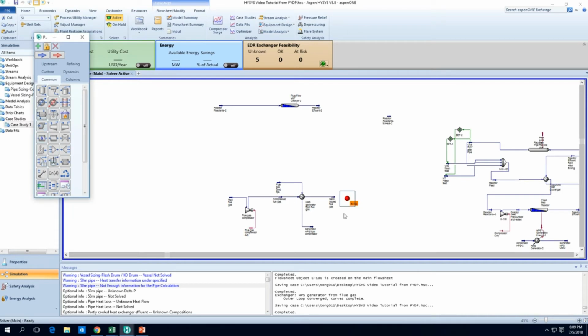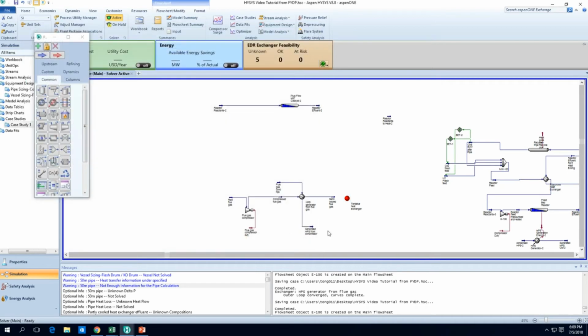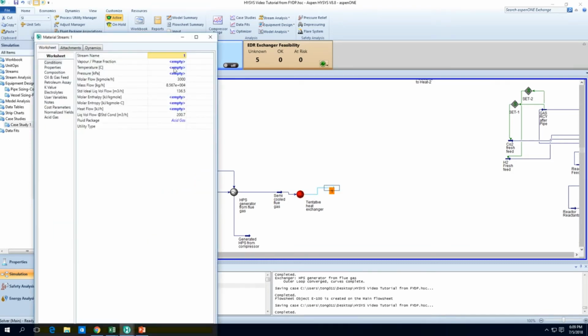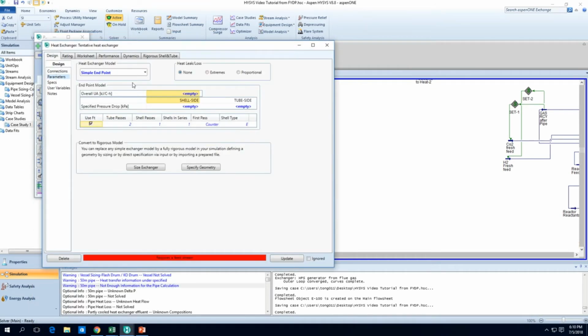in one of these heat exchangers. Tentative heat exchanger for, okay, so we can bring it down to about 70 degrees C, and the pressure drop again, we will use 100 kilopascals each.